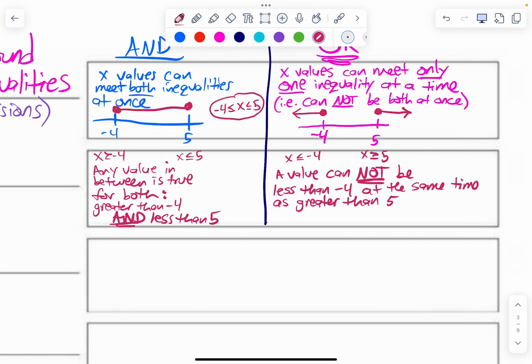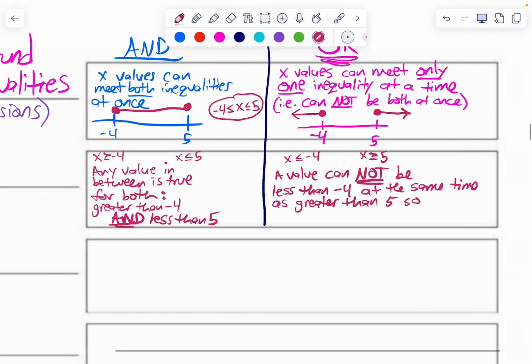Do you agree? You can't be smaller than -4 but bigger than 5 at the same time? Yes. Okay, so it's either-or. That's the concept behind it. It's either going to be one or the other, but can't be both at once.